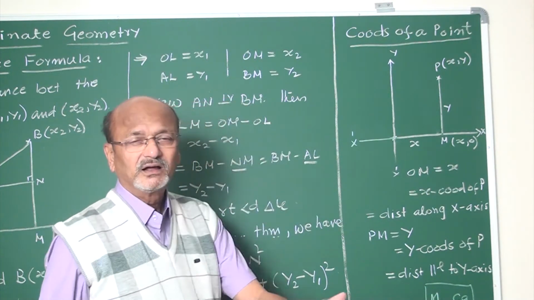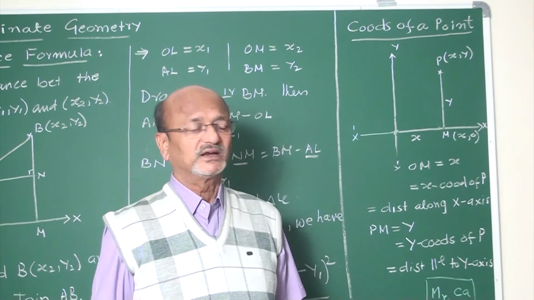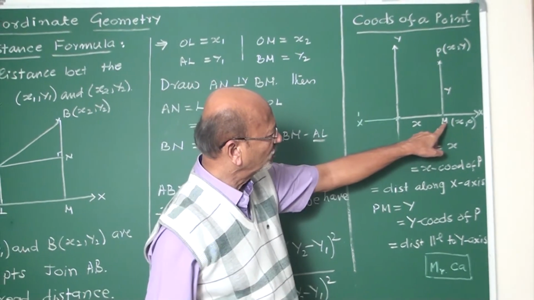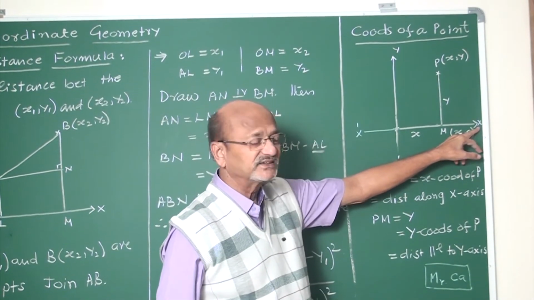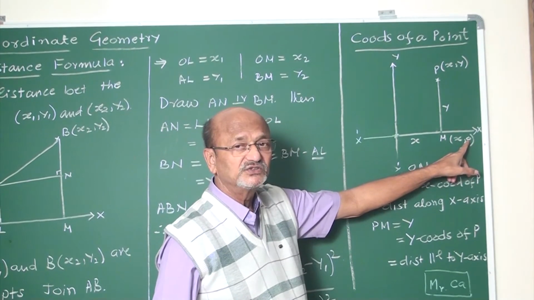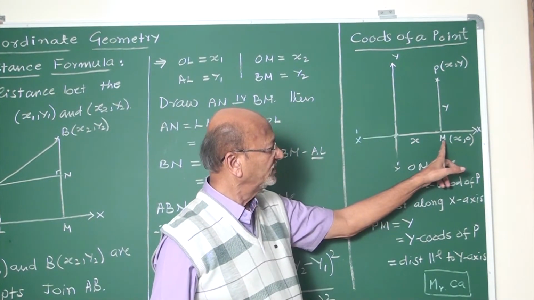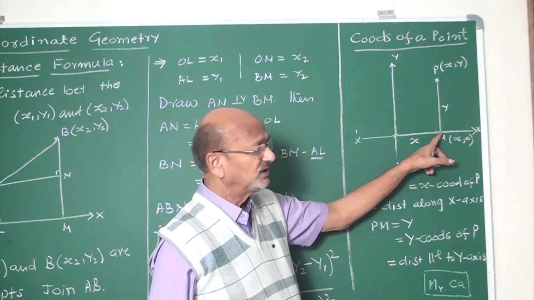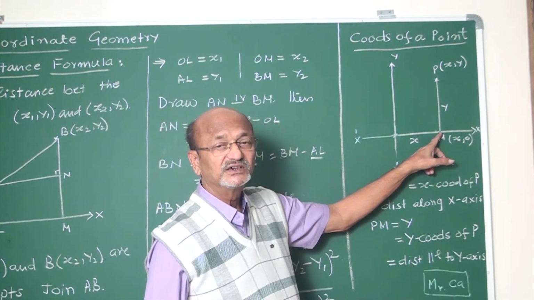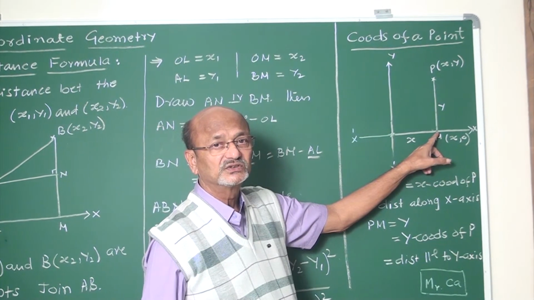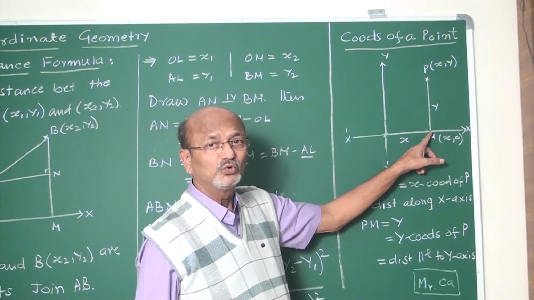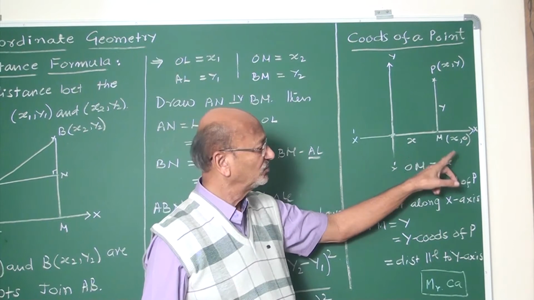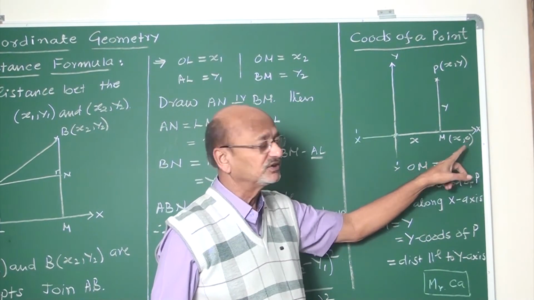If a point lies on the x-axis, its y coordinate is 0. Therefore the coordinates of M are x comma 0. It is on the x-axis, so its distance from the x-axis is 0. Therefore its y coordinate is 0.